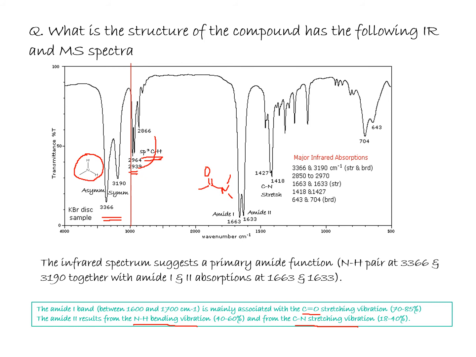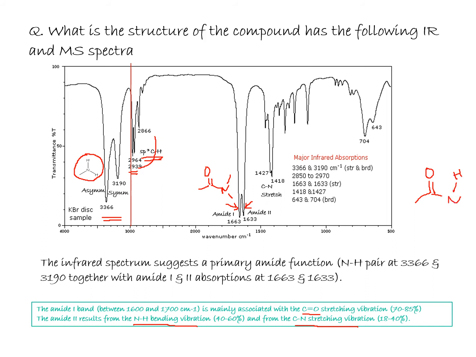So now you recall that an amide bond usually shows up two peaks in the carbonyl region, amide 1 and amide 2. And we have NH2. This means that you have in your compound C=O NH2.